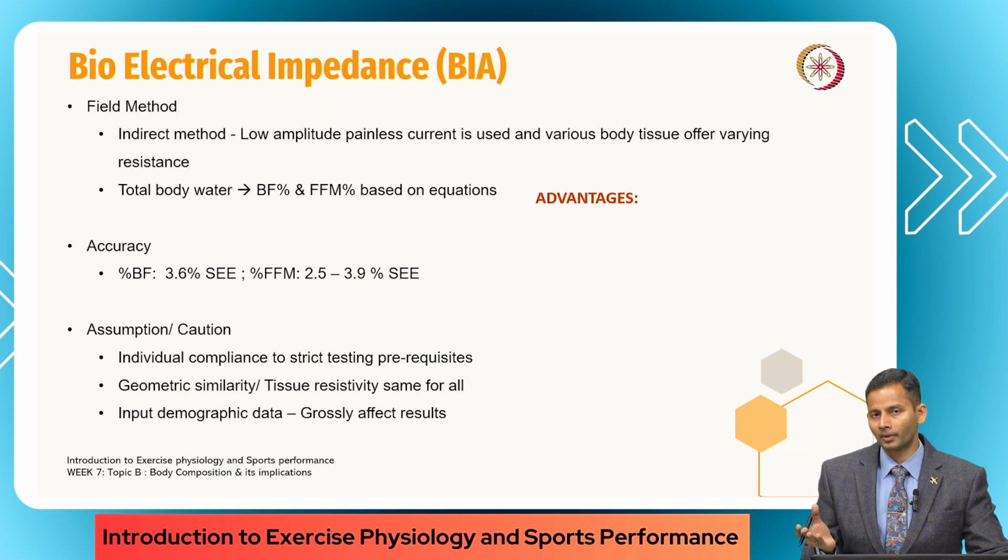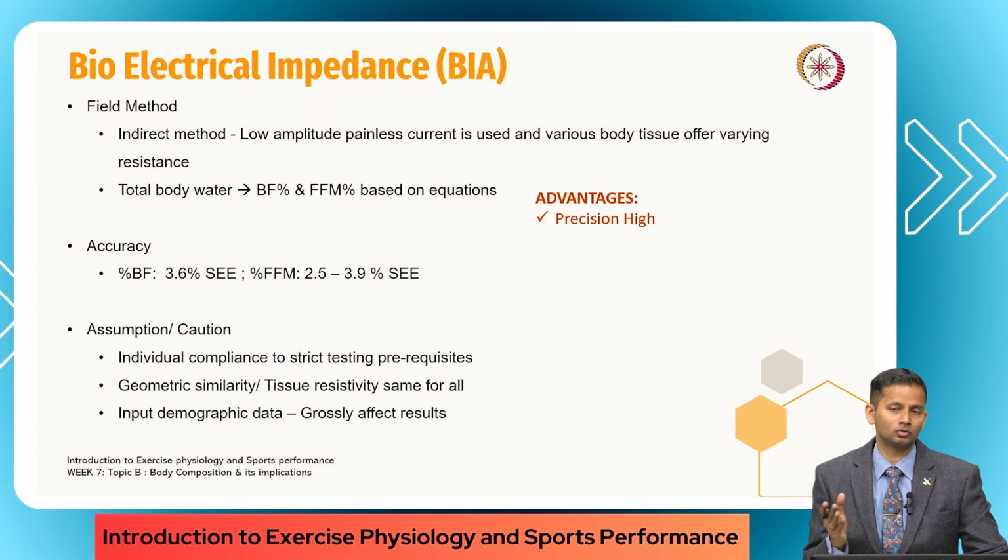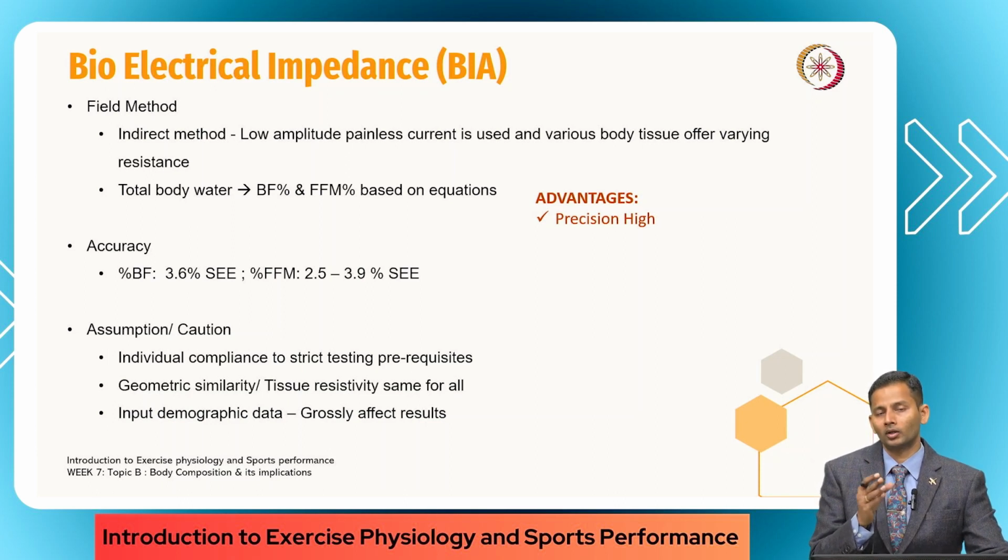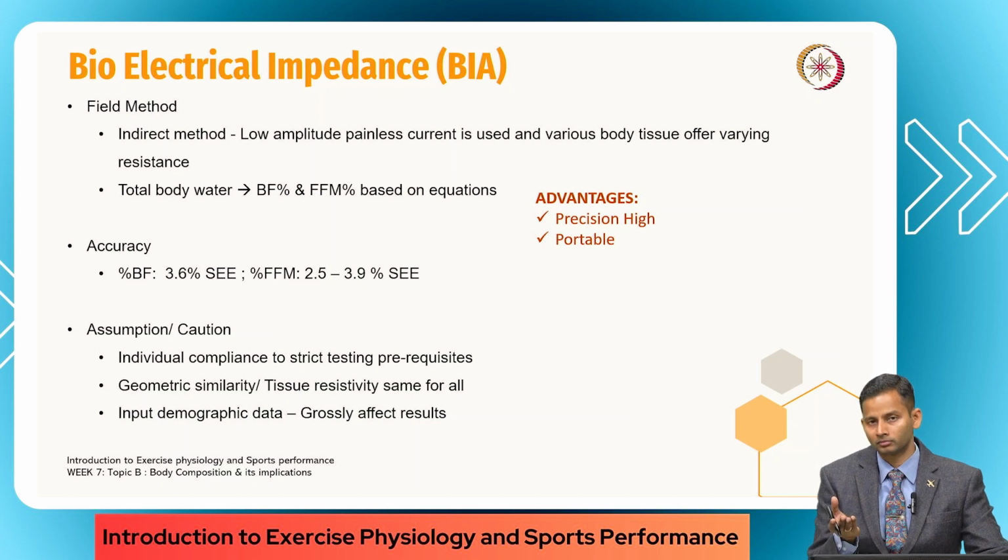Despite these limitations, the advantage is that the precision is high. The accuracy, the error, is more. However, the precision is high, in the sense that repeated measurements are good in an individual. It is portable, battery operated, so you can use it in the field.